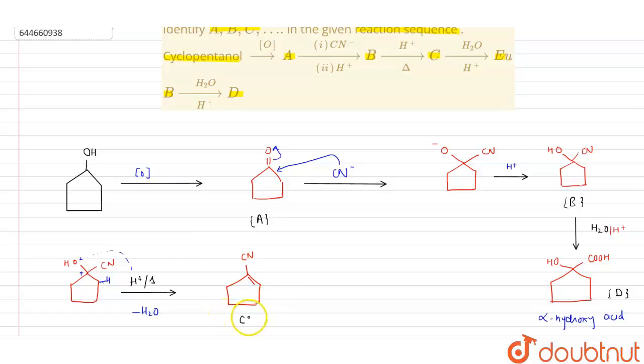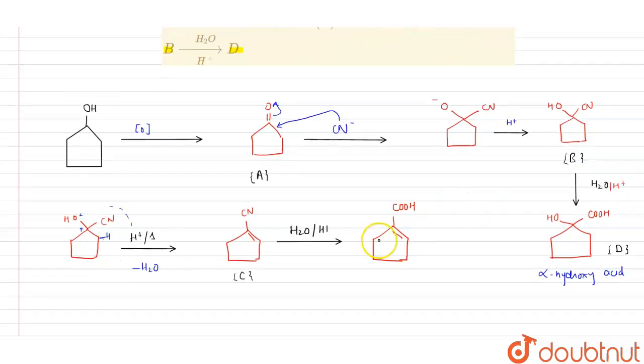Now what is compound E? Compound E is very simple. Now react this compound with H2O in the presence of H plus. So it forms an acid, this acid COOH with double bond.